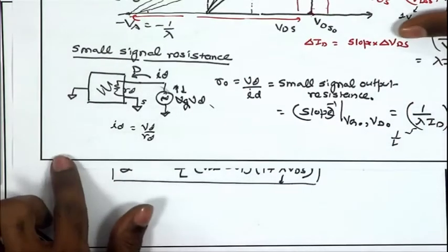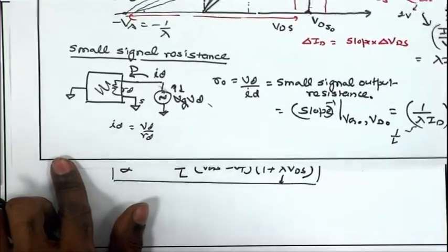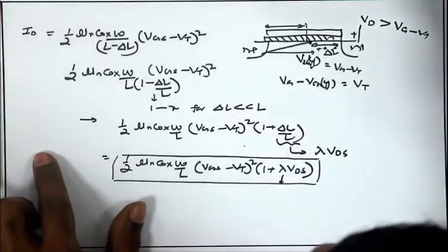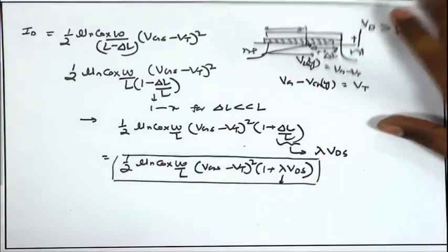So, now how do we combine these two parameters that we have come across so far, Gm and Ro or Rd, in order to get a complete small signal model. Here we look at the overall function of the current.